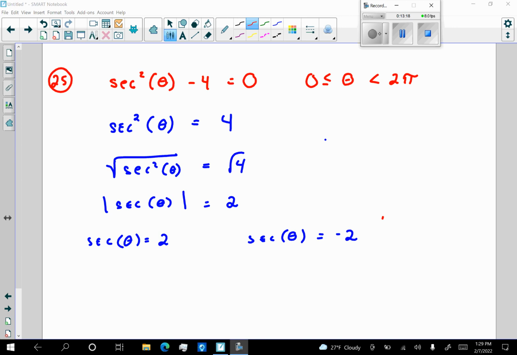And you are correct, Woodrow. For what theta is the secant of theta 2? You are absolutely right. So I have theta is equal to pi over 3 or 5/3 pi. And when is secant theta equal to negative 2? When theta is equal to 2/3 pi or 4/3 pi.